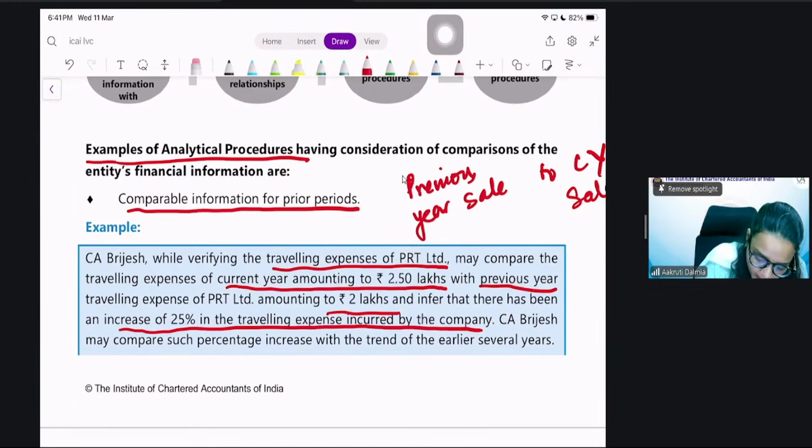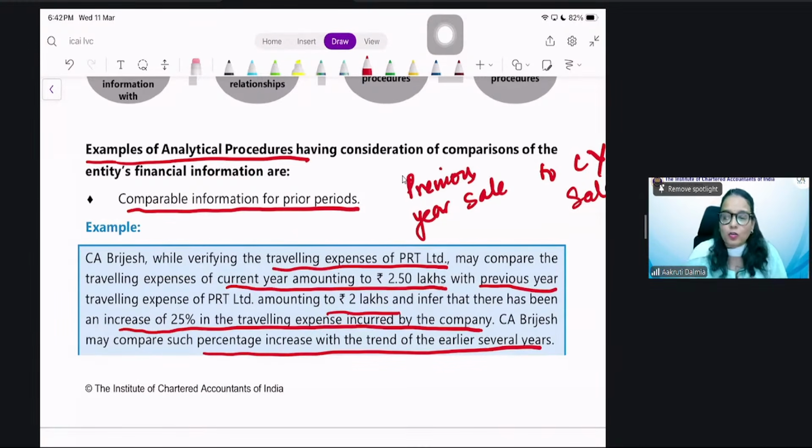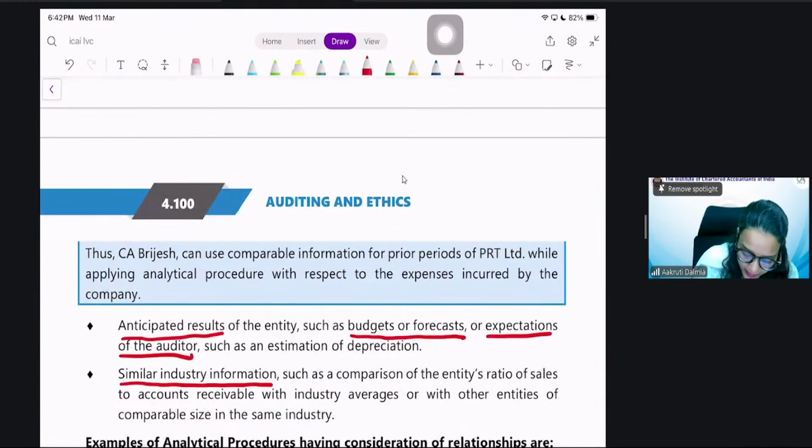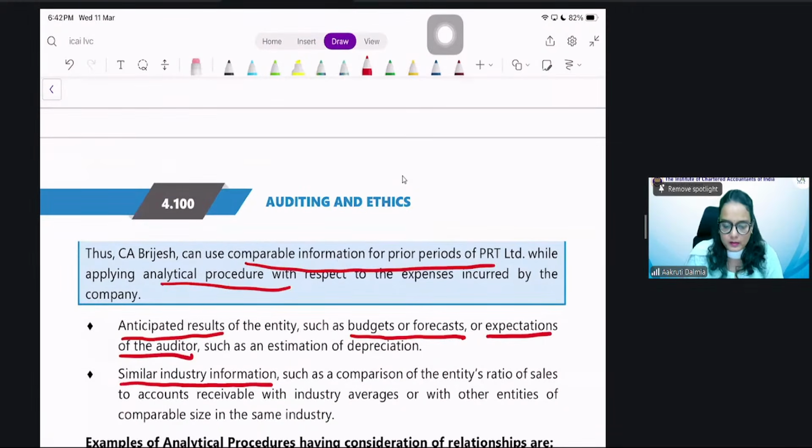Then CA Brijesh may compare the percentage increase with the trend of earlier years. So you can check that every year, if the traveling expense increase was only 5%, but this year the increase is 25%, why did this happen? You can ask more questions. CA Brijesh can use comparable information of prior periods while applying analytical procedure with respect to expenses. Okay.